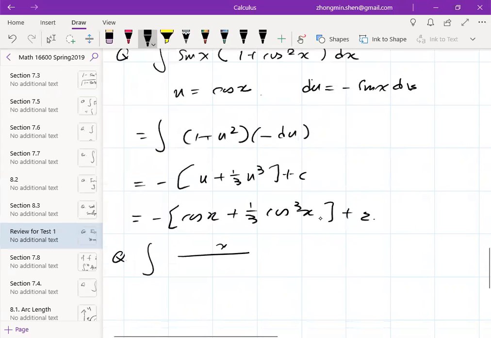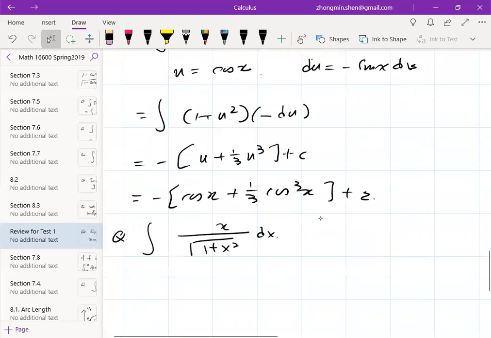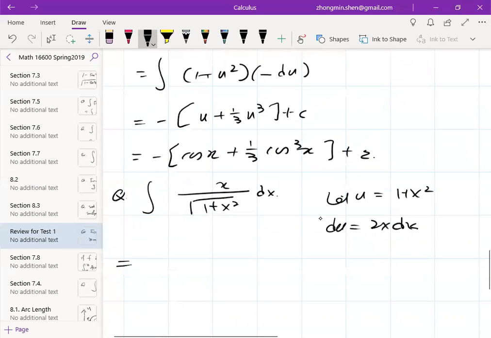Such as this one, which is also substitution. Okay, right. You can use a trigonometric substitution, but that's not the best idea. The best idea is just let u be 1 plus x squared. Then du equals 2x dx. So the integral here is going to be the square root of u, and x times dx is half of du.